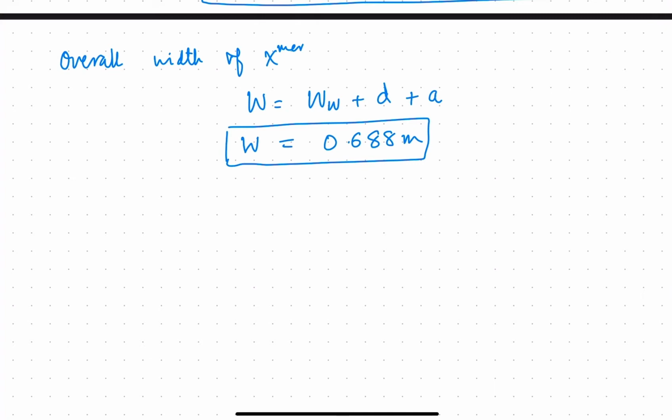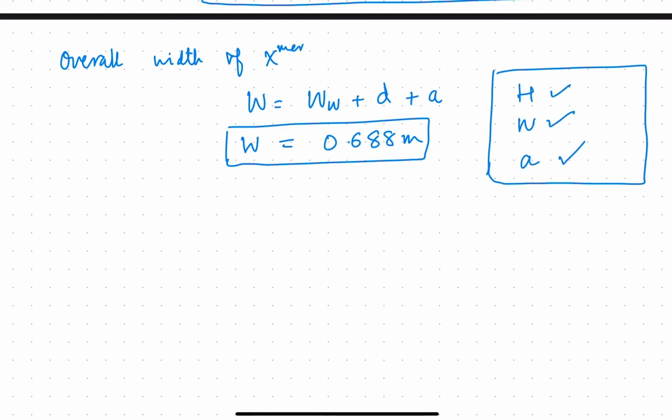So with this we find the 3 important parameters, that is H, W and A. These have all been computed, and this is what was required. And with this we come to the end of this question.